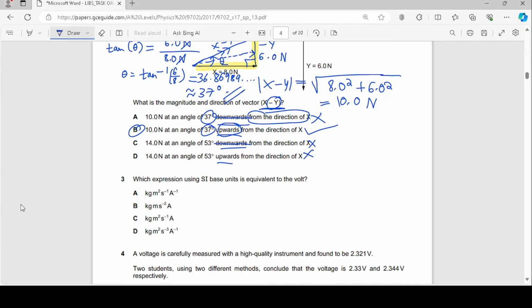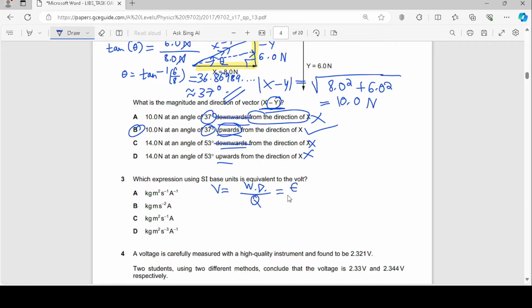Now let's go to the next question. So the question is, which expression using SI base units is equivalent to the volt, right? Well, we know that voltage is defined as work done, or you could say, I suppose, energy per unit charge, right?